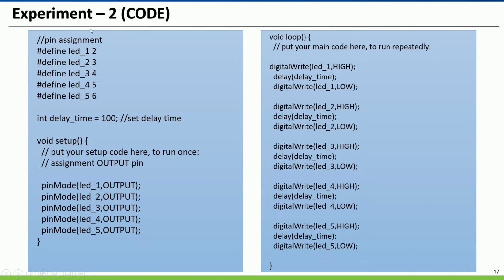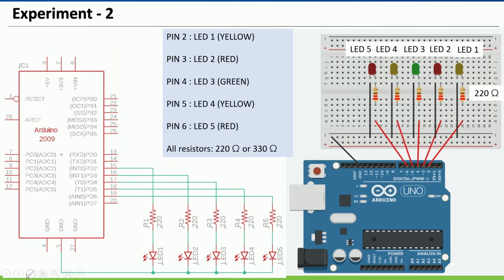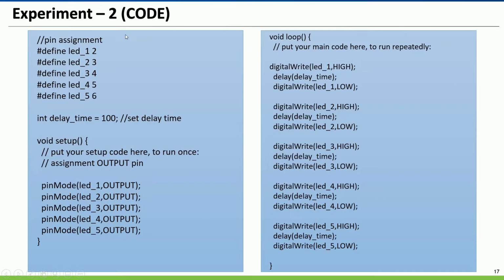So go back to the code. First in the code we assign pins 2, 3, 4, 5, 6 for LED 1, 2, 3, 4, 5 in Arduino, and we set the delay time to 10, and in void setup you put all of these as output.